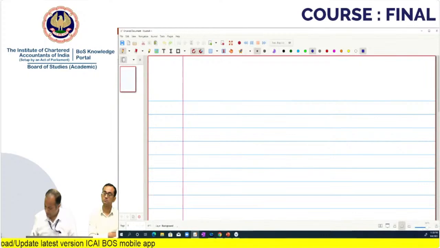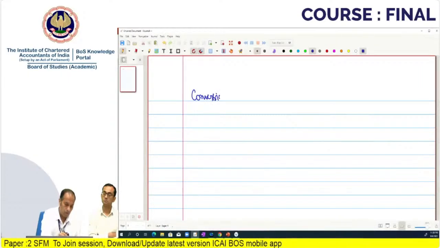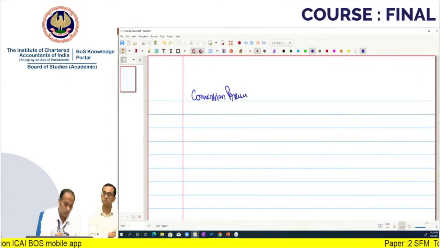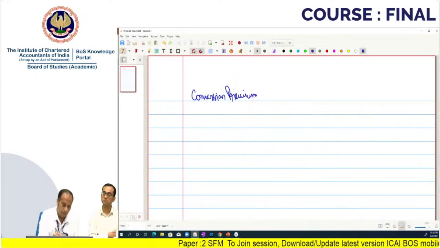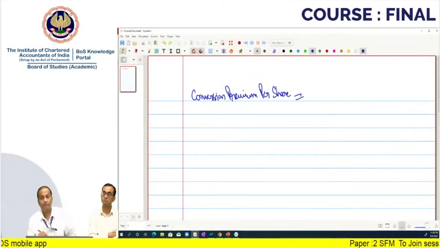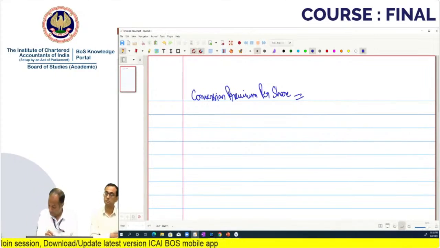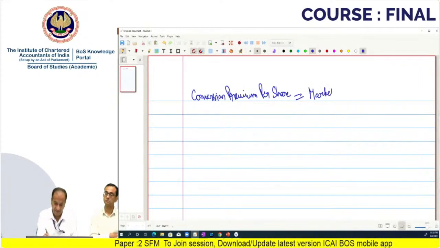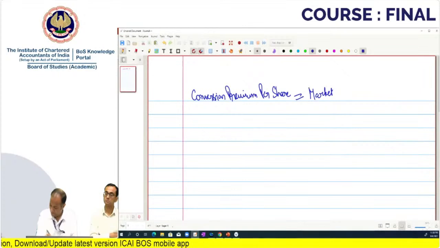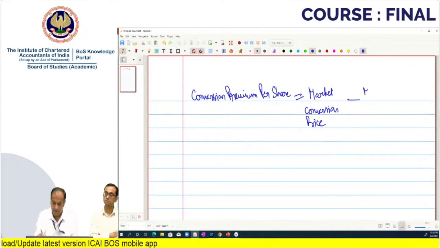Now, next is the conversion premium per share. As the name implies, it is how much premium I am paying due to this conversion route. Simply speaking, it is the market conversion price, because I have taken the route of market conversion, minus the market price of the equity share.